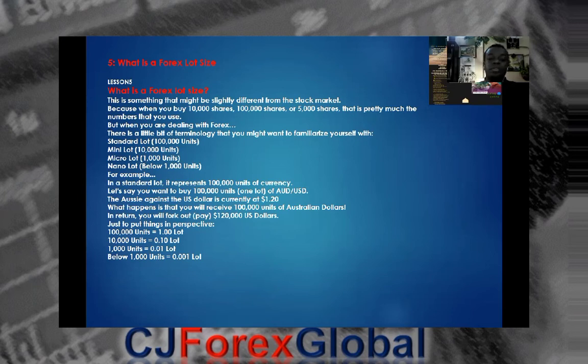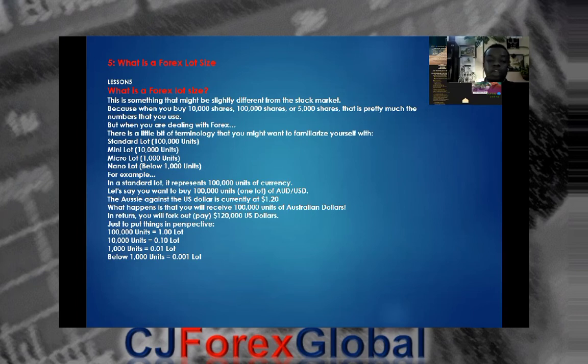Now, on the standard lot size, let me cite an example. A standard lot size represents 100,000 units of currency. Let's say you want to buy 100,000 units, one lot, of Australian dollar against US dollar, which is Aussie against US dollar. It's currently at 1.2.